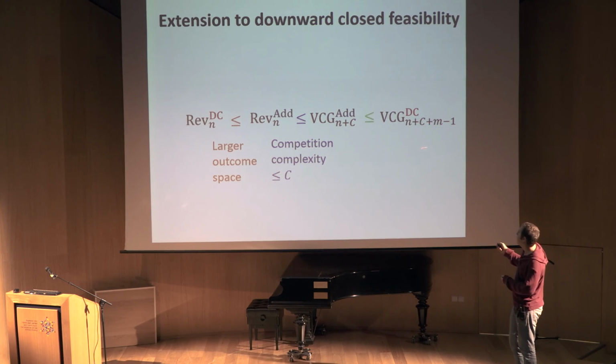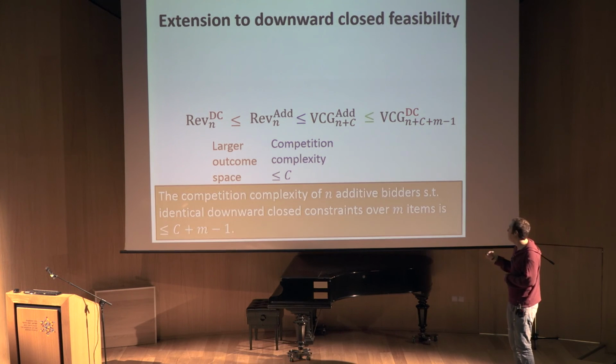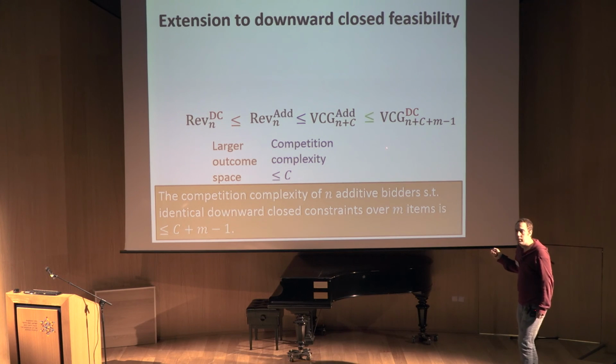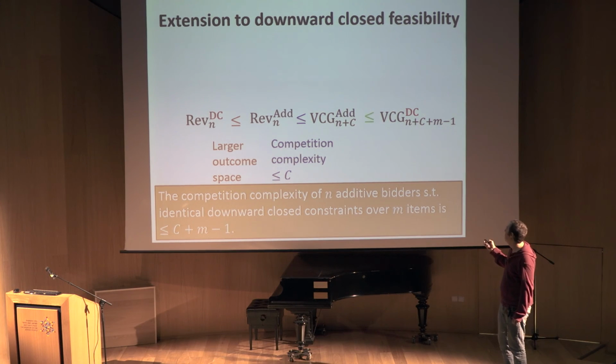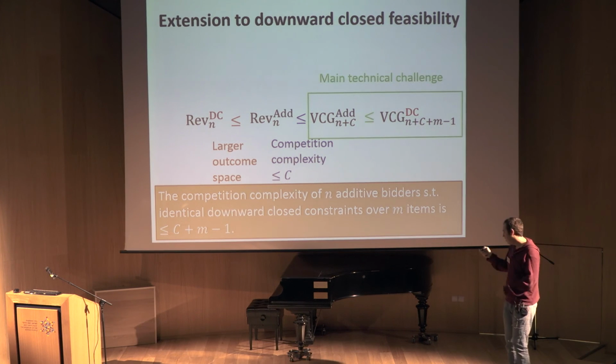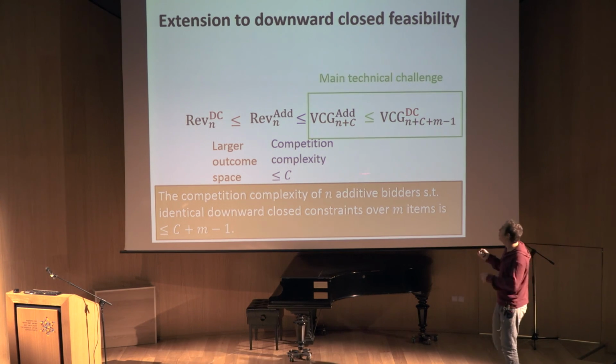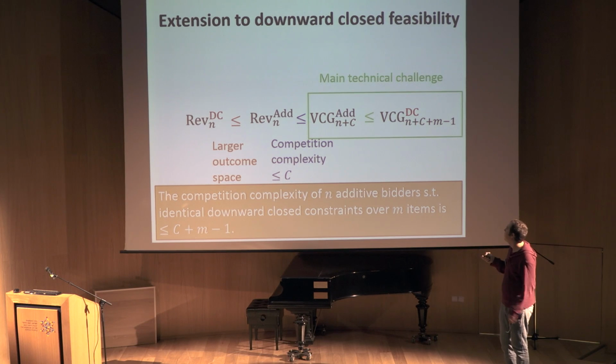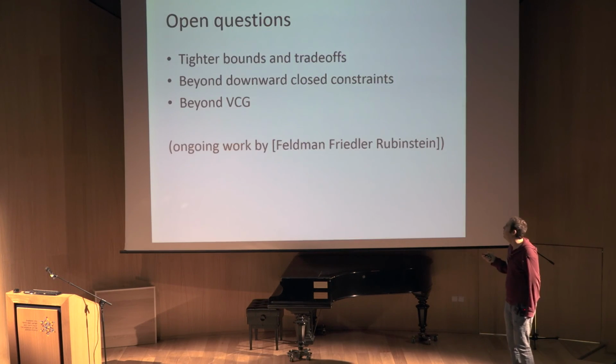If we prove this inequality, we can show that the optimal revenue with n downward closed bidders is less than the revenue of VCG with n plus c plus n-1 downward closed bidders, which gives us an upper bound of c plus n-1 on the competition complexity of additive bidders subject to downward closed constraints. All the other steps are straightforward, and this is the main technical thing we need to show, and I won't have time to show it. It requires some combinatorial arguments, but let's not dwell on it right now.